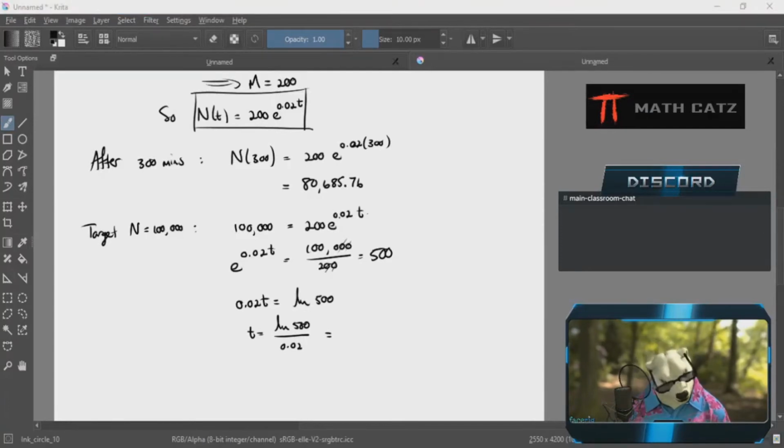Now I have to check what MathBot does for my log function. I'm guessing it's just ln.